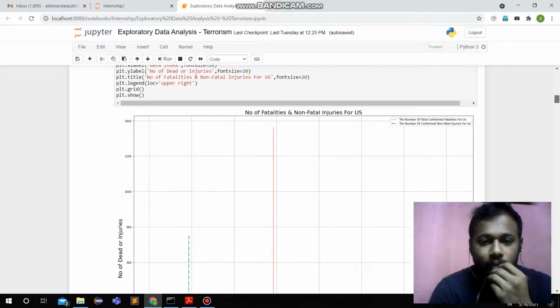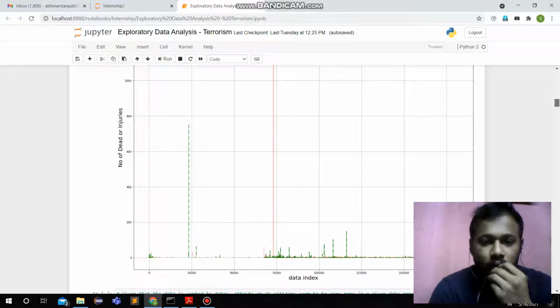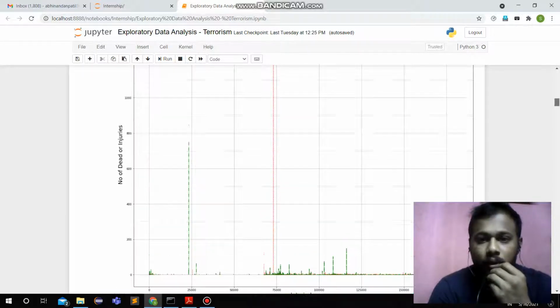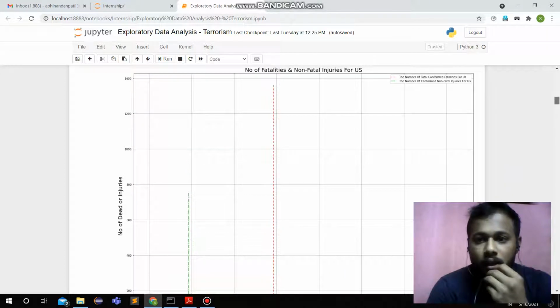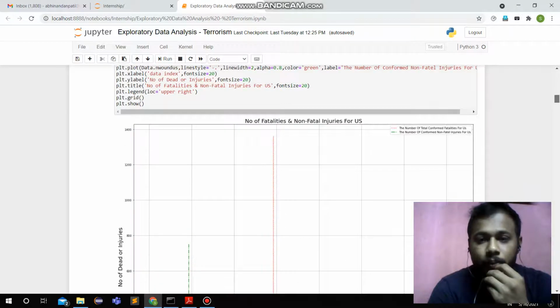Here is the line plot, with the data index on the x-axis and the number of dead or injured on the y-axis. The green line indicates the number of confirmed non-fatal injuries for the US, and the red line indicates the total number of confirmed fatalities for the US.